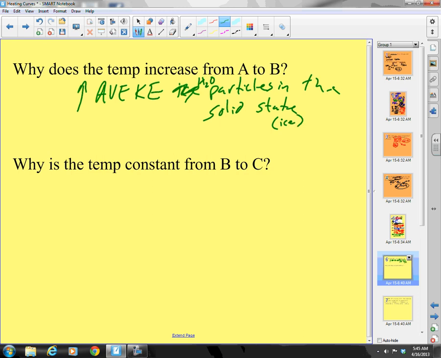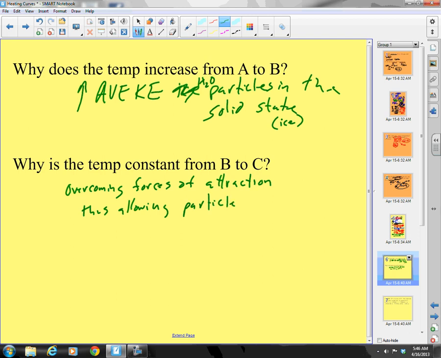Why is the temp constant from B to C? Because I am overcoming forces of attraction, not completely, because I'm just going from the solid state to the liquid state, thus allowing my particles to go from the solid state to liquid state.